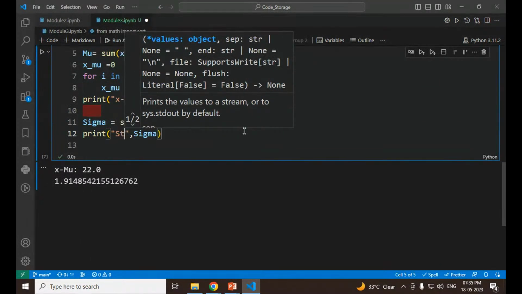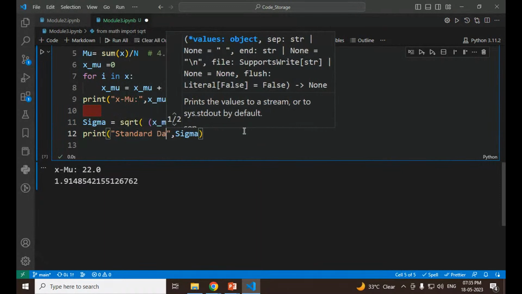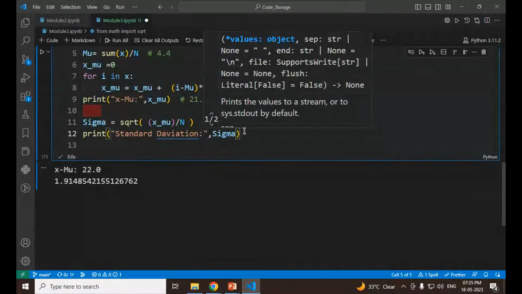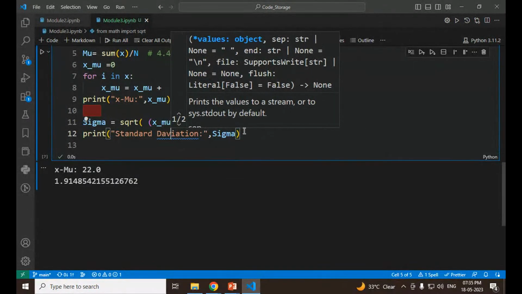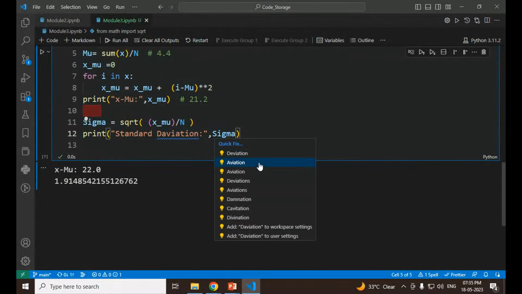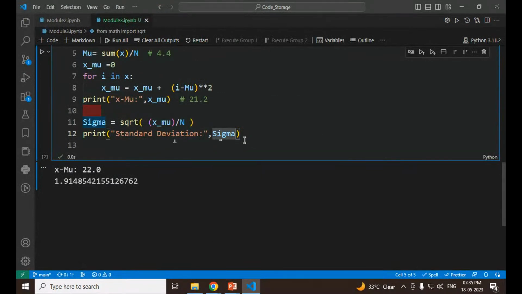Standard deviation. Okay, standard deviation is this much. I hope all of you have understood how it is happening.